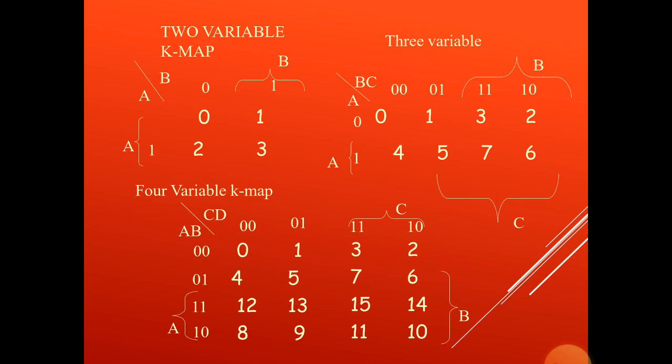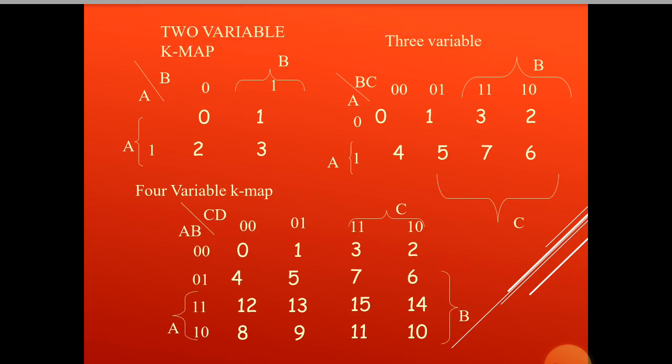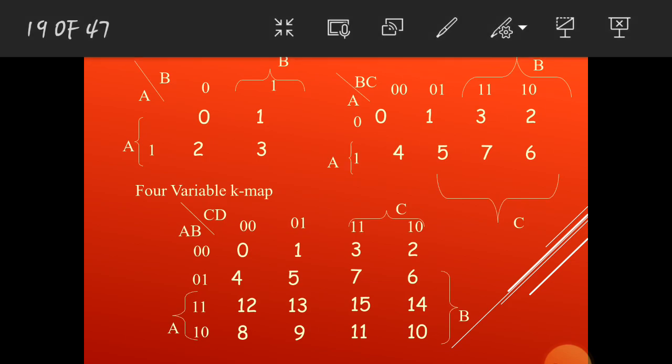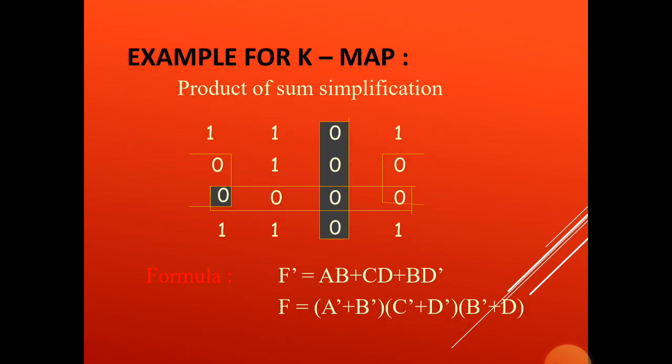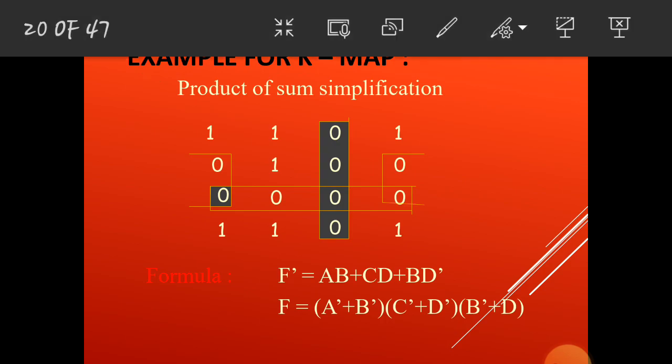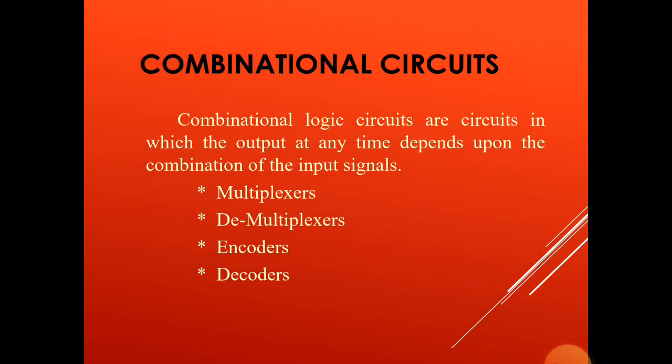The number of cells can be calculated as 2 power 1, 2 power 2, 2 power 3 and 2 power 4, and so on. The product of sums simplification is called max terms, and similarly the sum of products is called minterms.